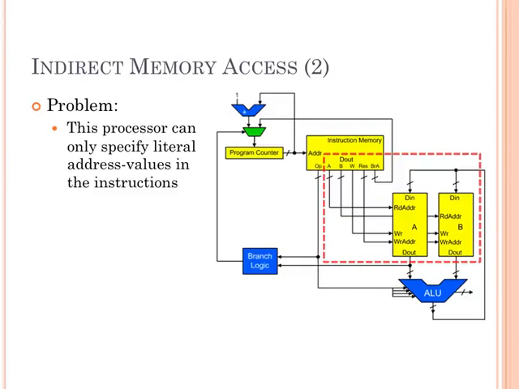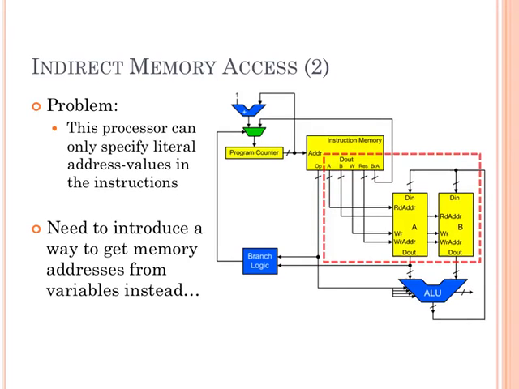So if we look at the way that we've done this, we have these data memories, and you'll see that we have A and B fed into our data memories, and we don't really have a way of feeding something that's not a constant encoded in an instruction into our data memories. So we need to somehow change this logic.